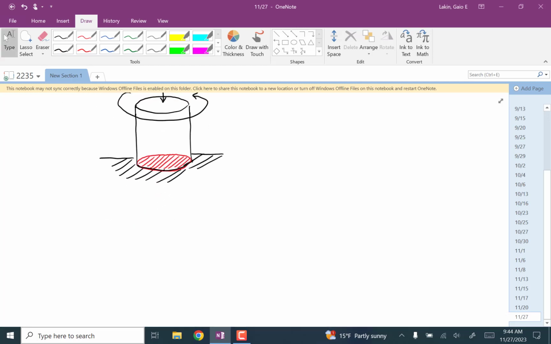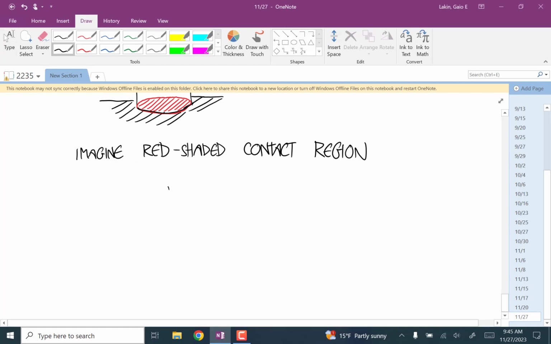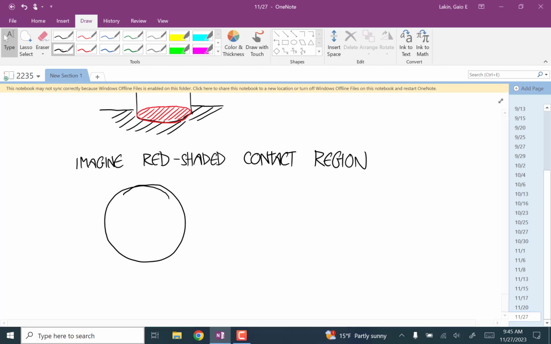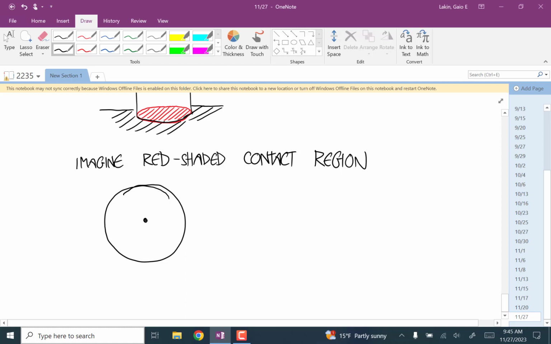All right, so what we're going to do is imagine the red shaded contact region, and imagine an infinitesimal ring like this.